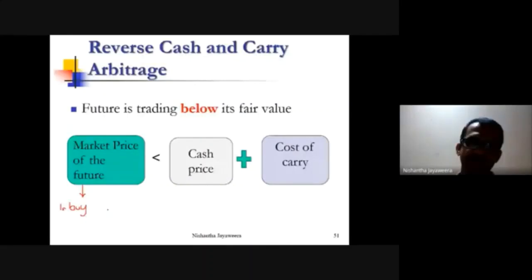So do you sell it short? You sell the underlying asset. Then once you sell this asset, what do you get?